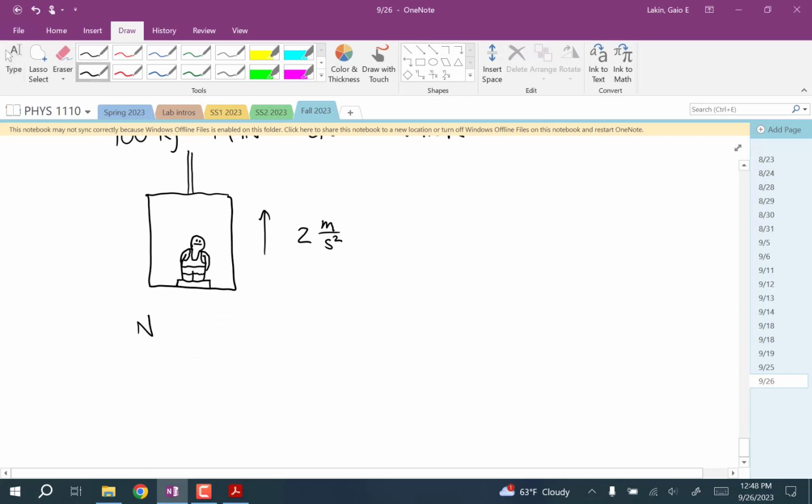So let's go to Newton's second law. There are two forces acting on the guy. There's a weight force down, and then there's a contact force from the scale. So just like before, we have 0, negative 981. And then we have the force applied by the scale.